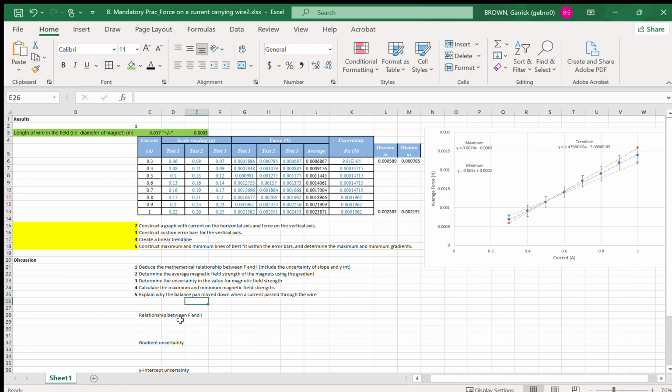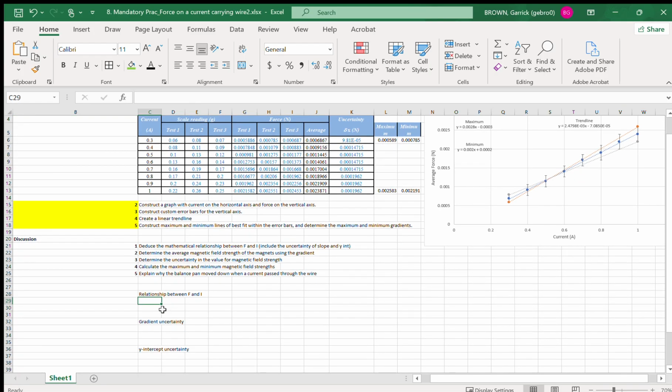So, first thing we need to do is deduce the mathematical relationship between force and current, including the uncertainty of the slope. So this is something that you did in your IA1.